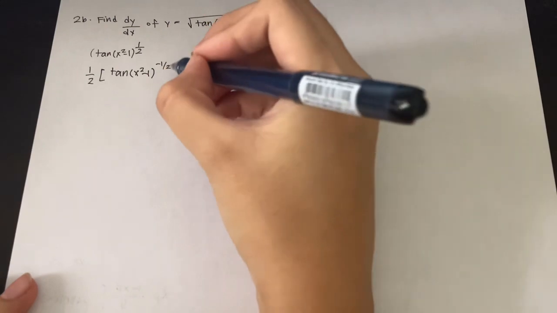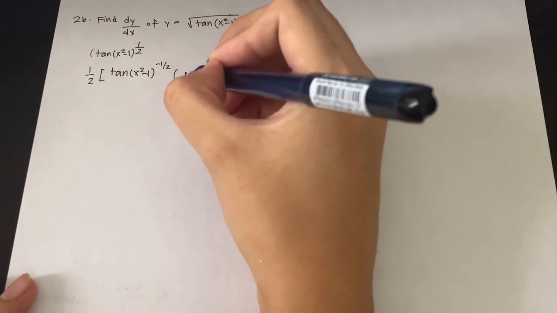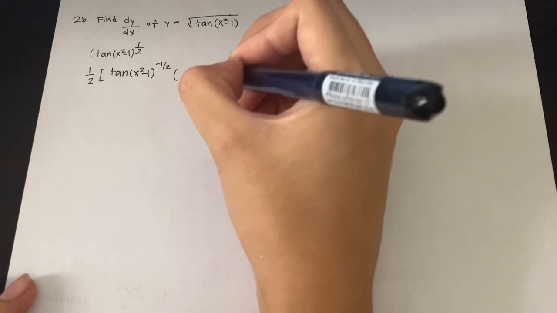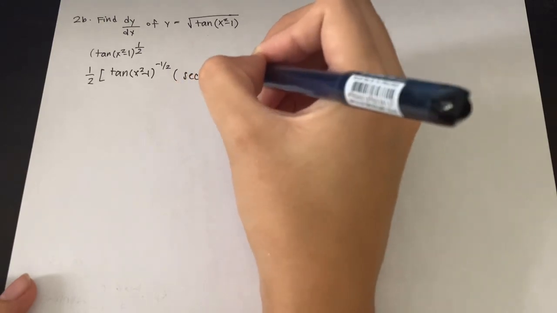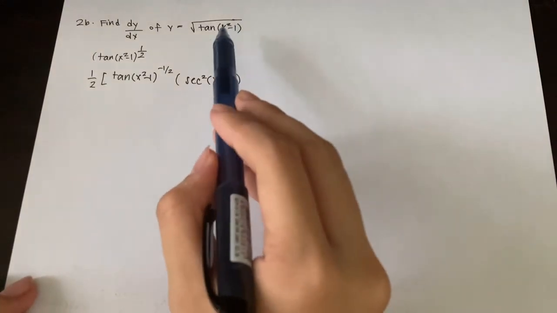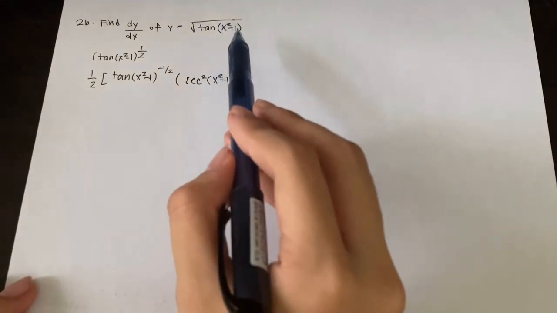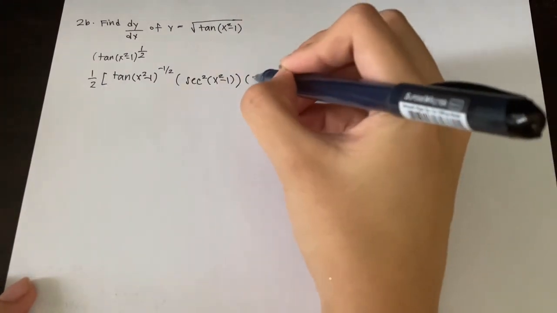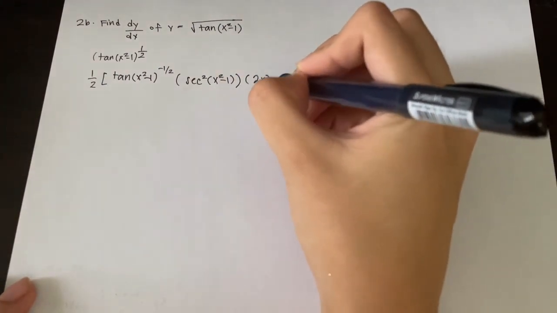So that would make it times secant squared of x squared minus 1, and then we have to get the derivative of the inner function, which is x squared minus 1, which would be 2x.